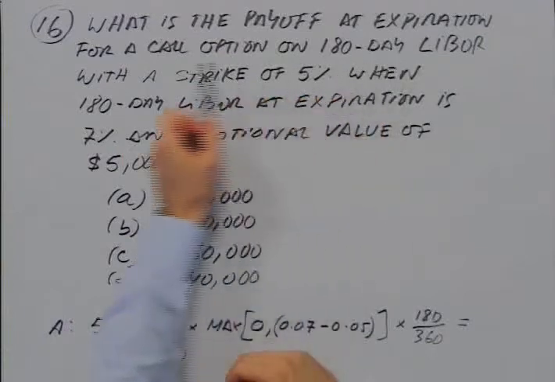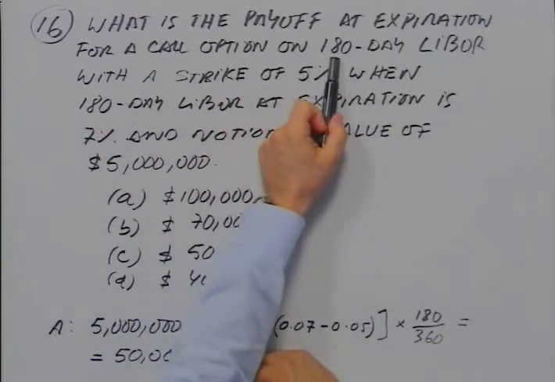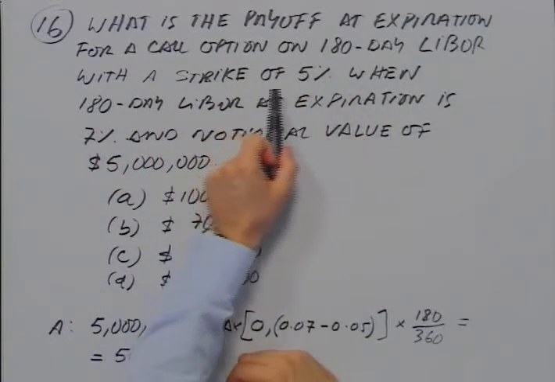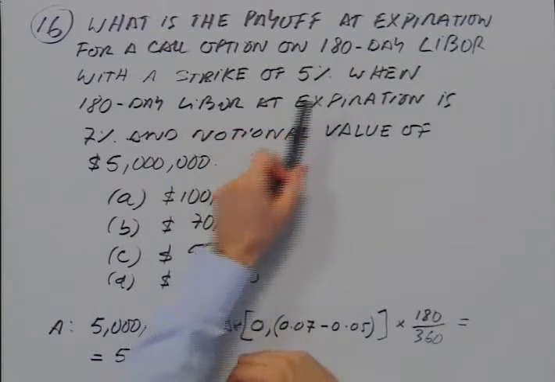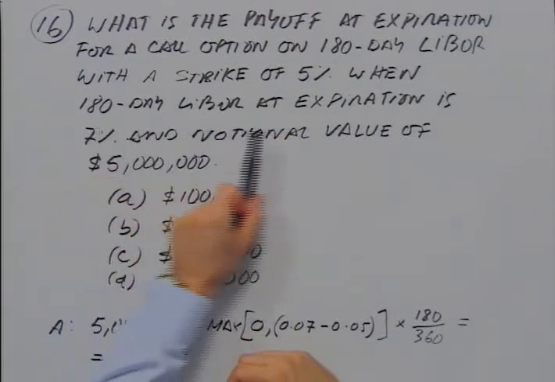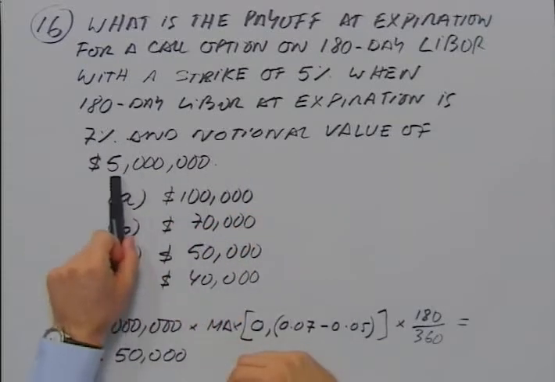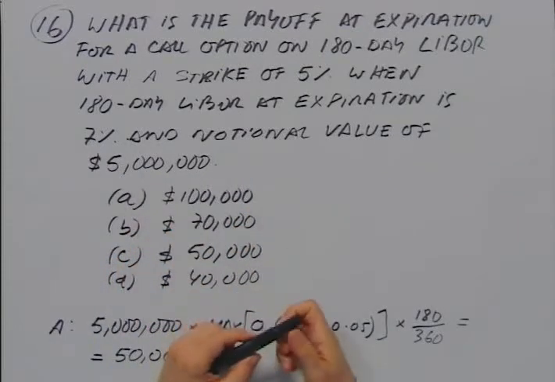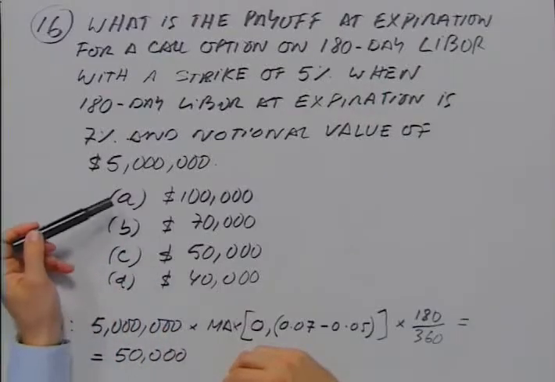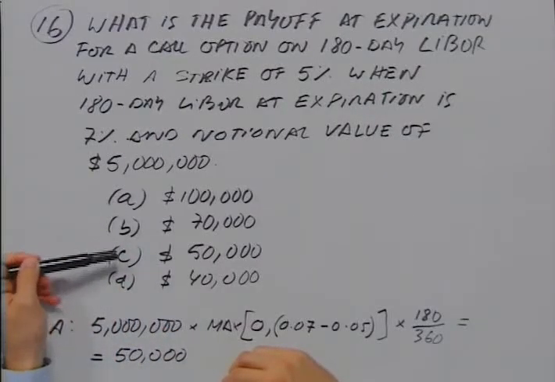What is now the payoff at expiration for a call option on a 180-day LIBOR with a strike of 5% when the 180-day LIBOR at expiration is 7% and the notional value is $5 million? Remember, this is simply the calculation of the payoff of an option on an interest rate. The alternative answers are 100,000, 70,000, 50,000, or 40,000.